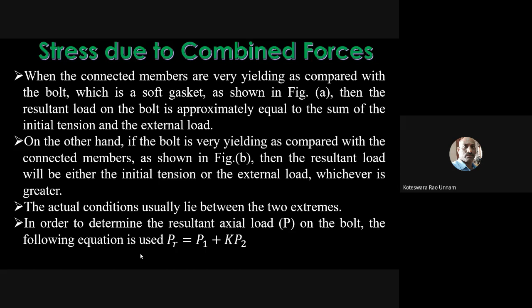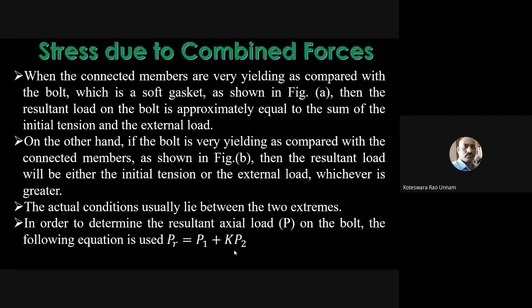How much fraction of the external load is taken by the bolt is decided by this factor K. This K depends upon the type of gasket you are using for your application. I already showed you in the last class that the K value table is also there in the data book.